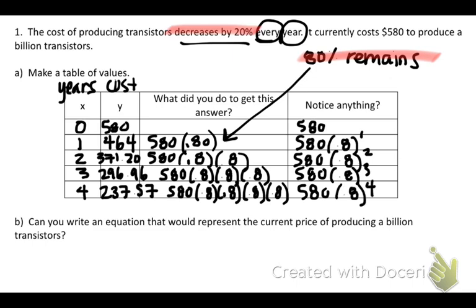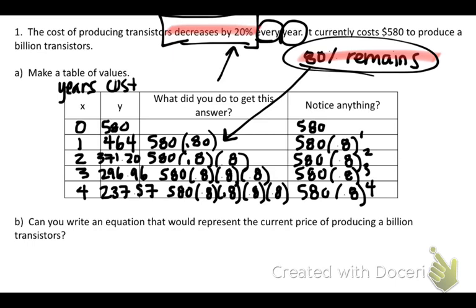The only difference here is because our ratio was bringing down the numbers, we had to find out what percent remains. So we didn't use 0.2 for 20%. We had to figure out how much remains. We had to use 0.8. So y equals the 580 that we start with times 0.8 to the x power, however many years have gone by.